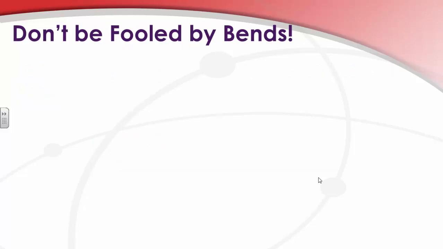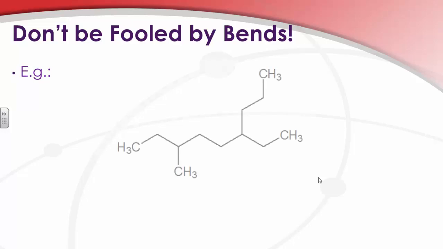Okay, and the one trick you want to be sure you don't let me fool you with is bends in the molecule. Remember, we can rotate given bonds, and so we can see the structure, in this case, has a pretty good bend in it, right? Don't be fooled and just take the straight chain from left to right and count that off and say 2, 4, 6, say that this is based on octane.